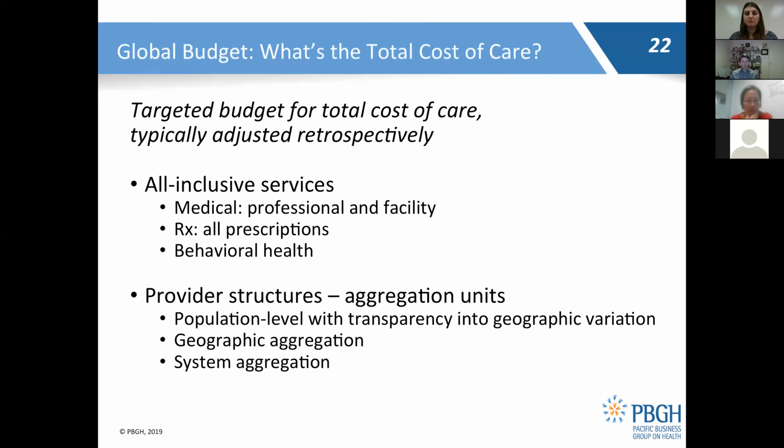The global budget total cost of care, I think this is the area where purchasers really have the most interest, and looking at the issue of how do we integrate across the system.